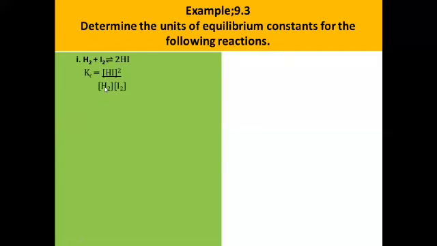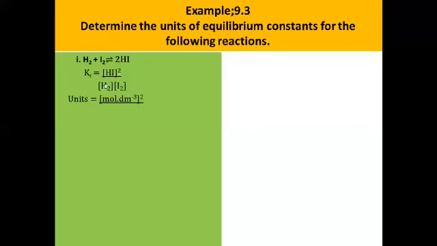Now we will write their units. I told you that the square bracket or the active mass means the concentration of reactants and products in moles per decimeter cube, and as here the power is 2, we will also use the power 2.